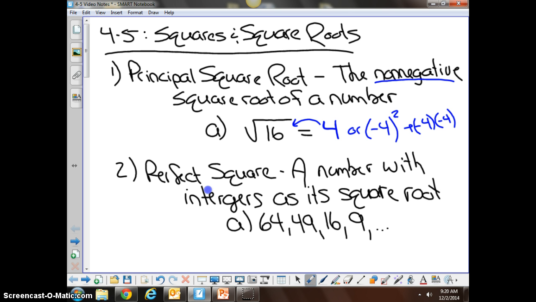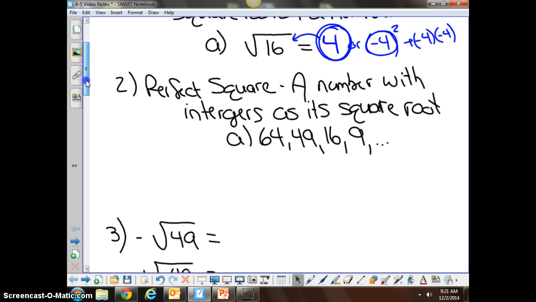So in summary, the square root of 16 could be a positive 4, or it could also be a negative 4. But if I'm asking you to identify the principal square root, I'm only looking for the non-negative square root of a number, which would be positive 4. You may have to go back and watch that one again, as there was a lot of information presented there.